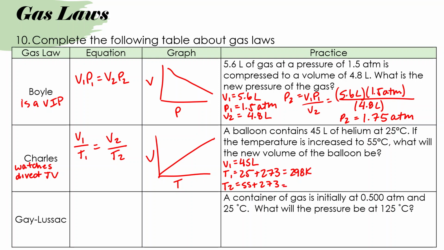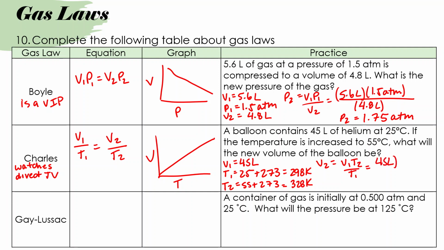So 273 plus 55 gives me 328 Kelvin. We're solving for V2 here. V2 is going to be equal to V1 T2 over T1. So I'm going to plug those variables in.